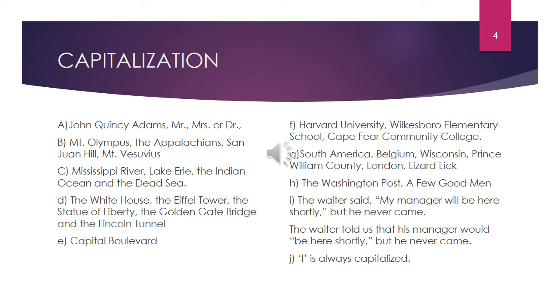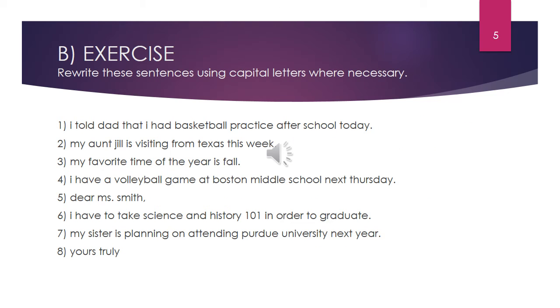And the last you know very well: always use the pronoun I as a capital letter. Whenever you are writing I, write a capital letter only, not the small letter. Here is an exercise, try to solve. At the end I have provided answers, you can check them.